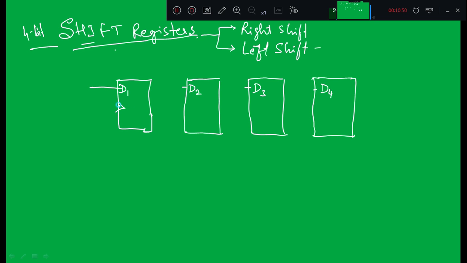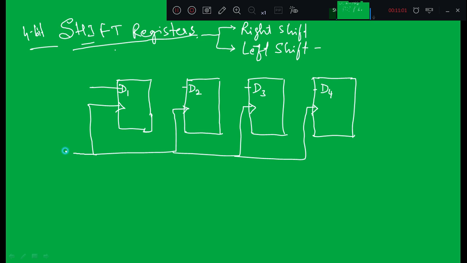And we require a control input. All these control inputs are shorted and connected to a control input which we call the clock, right? I already told how a clock looks.